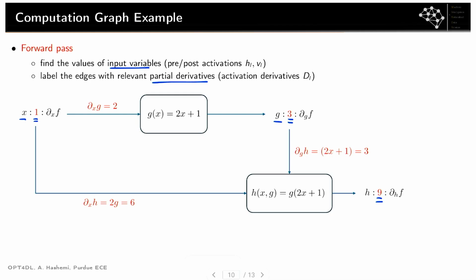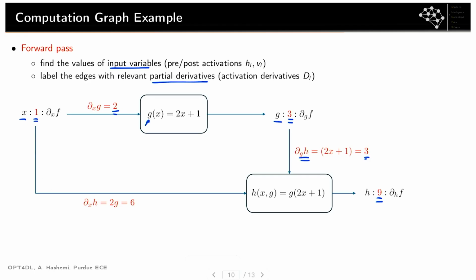Now, on the edges, we're going to write down the partial derivative of each variable with respect to its input variable. Here my variable is g. The partial derivative with respect to its input x is going to be 2. h has 2 inputs, one is g, another one is x. On this edge, I have the partial derivative of h with respect to g, which is nothing but 2x plus 1. When I plug in x equal to 1, the answer will be 3.